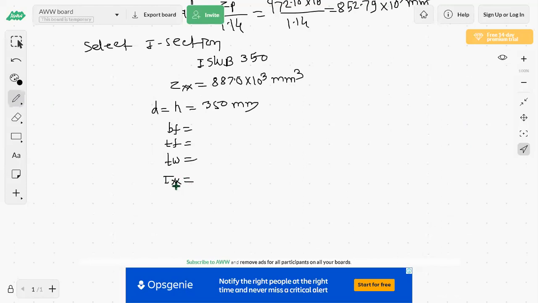So width of flange is 200 mm. Thickness of flange is 11.4 mm, correct? Thickness of web is 8 mm. And IXX, moment of inertia about x-axis, is 1521.7 into 10 raised to 4 mm raised to 4.